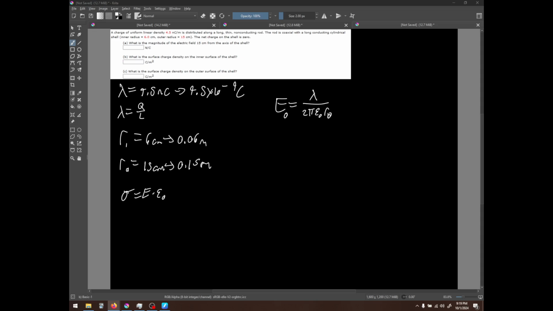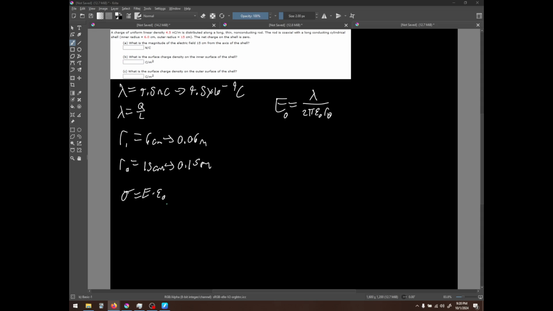Okay, got it. And then it would be outer times E, and that is 4.77 e to the negative 9.